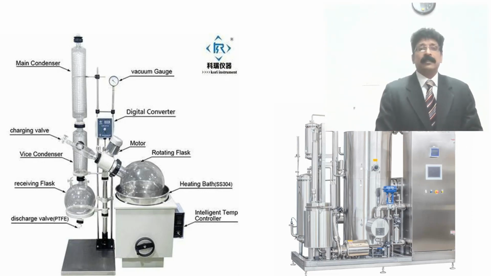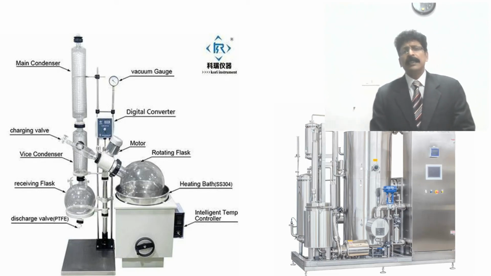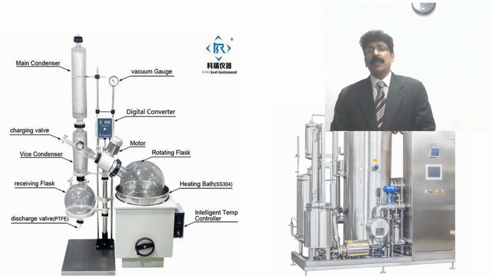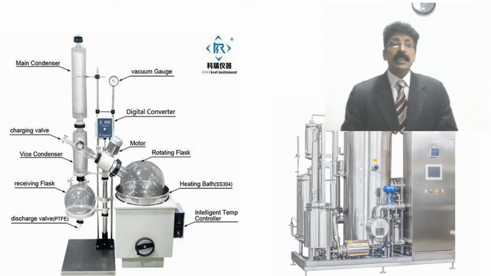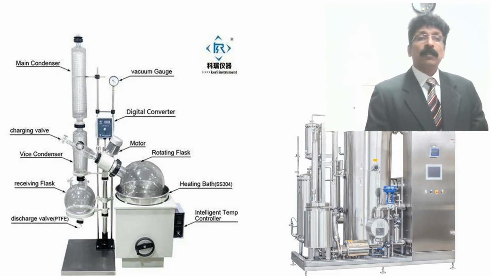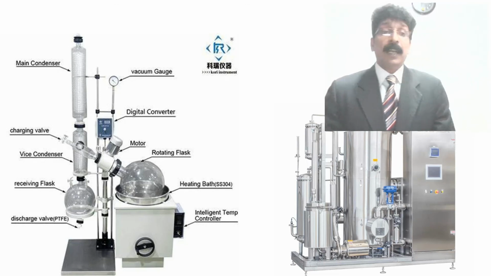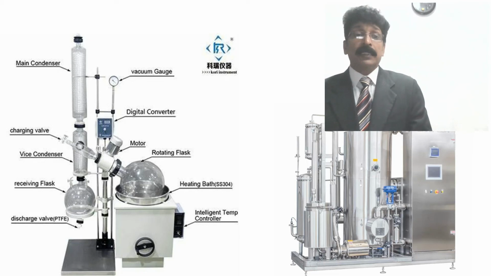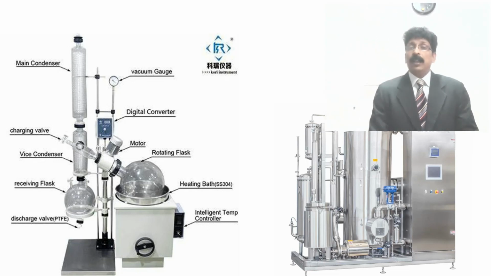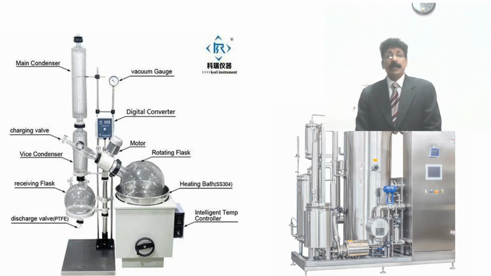And from there, due to the vacuum connected, the temperature can be controlled at a low temperature, and the vapors enter into the chamber charging valve and enter the main condenser, and you will get the receiving flask. The volatile oil can be collected at the discharge valve.